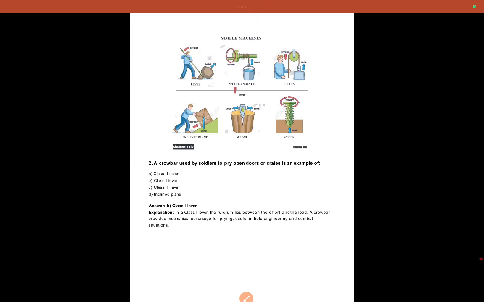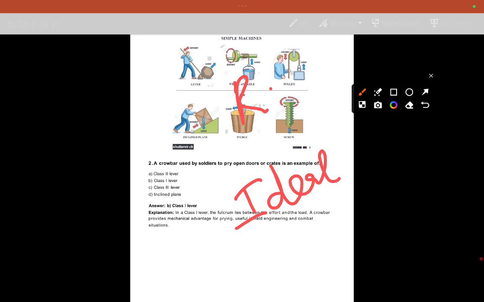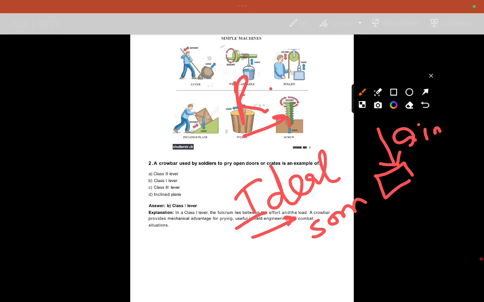Here we have two different types of machines. One is the real machine and another one is called the ideal machine. What is a real machine? In reality, some energy is lost. For example, this is a system. To this system, some energy Q is supplied, and output energy Q out comes out.